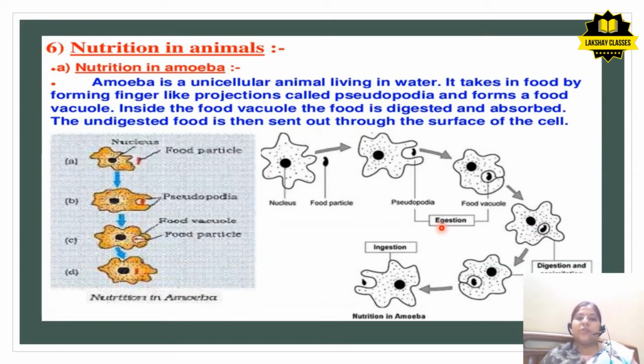So these are the different steps in the nutrition of amoeba, right? And this is also a very important question. Sometimes only this diagram is given and you have to label the different steps. So you need to practice this diagram, and labeling of the diagram is also very important.